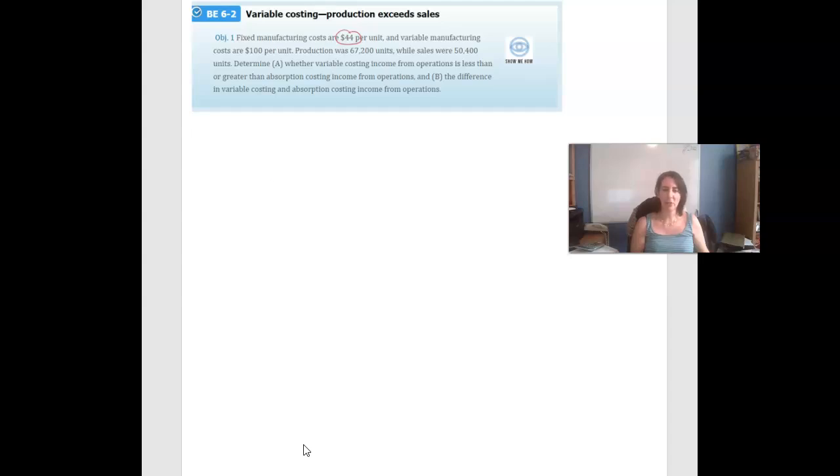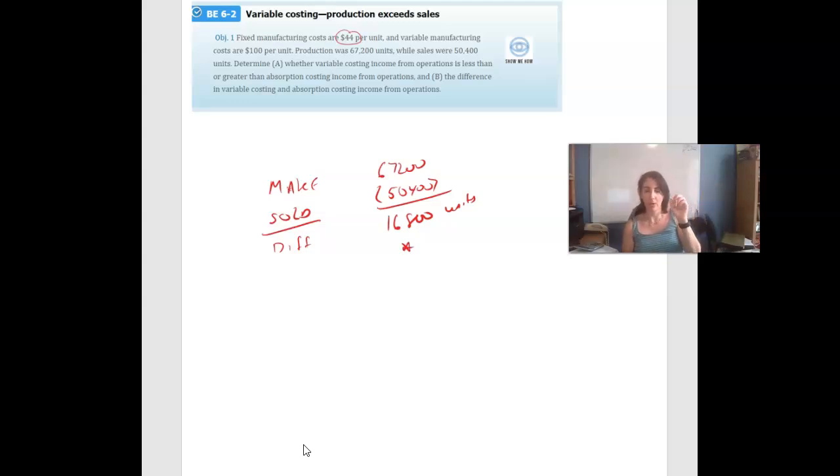Well, just like I just showed you, you can look at the difference between what you made versus what you sold. Basically, what's in your inventory. So if we made $67,200 and we sold $50,400, the difference between those two, which is basically my ending inventory, is 16,800 units, right? Those 16,800 units under absorption will have fixed costs in them. The fixed costs are $44 each.